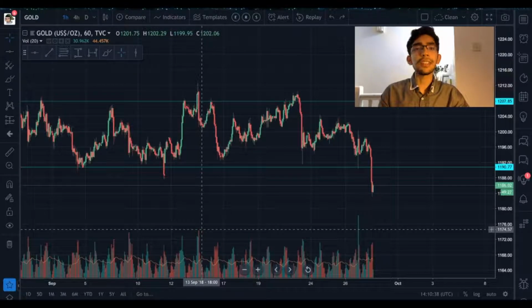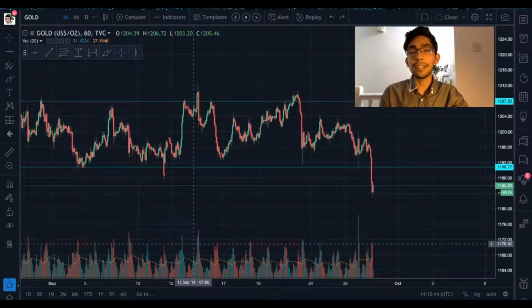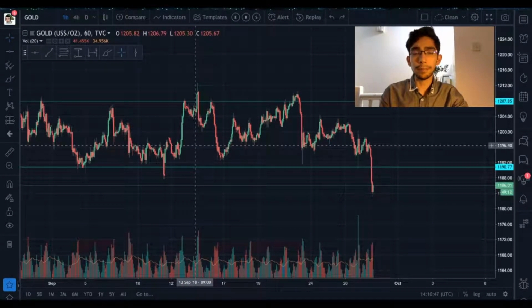Again, this is all about supply and demand. If there is demand, you're gonna have buyers going in and creating this volume, supporting the price. But if there is no demand, of course you're not gonna have buyers, so the volume will decrease, and that's where the supply comes in. There's an excess of supply, thus the price goes down.